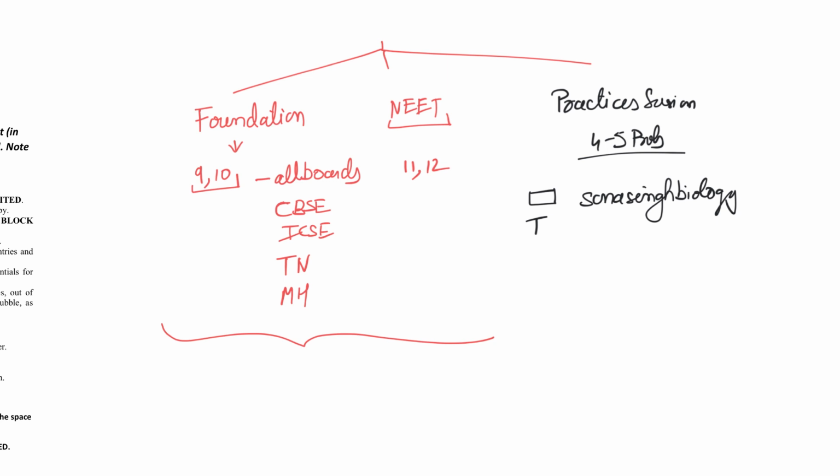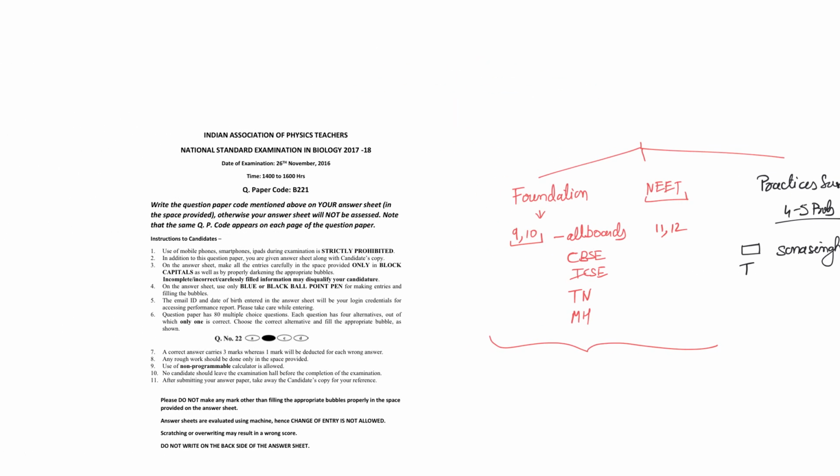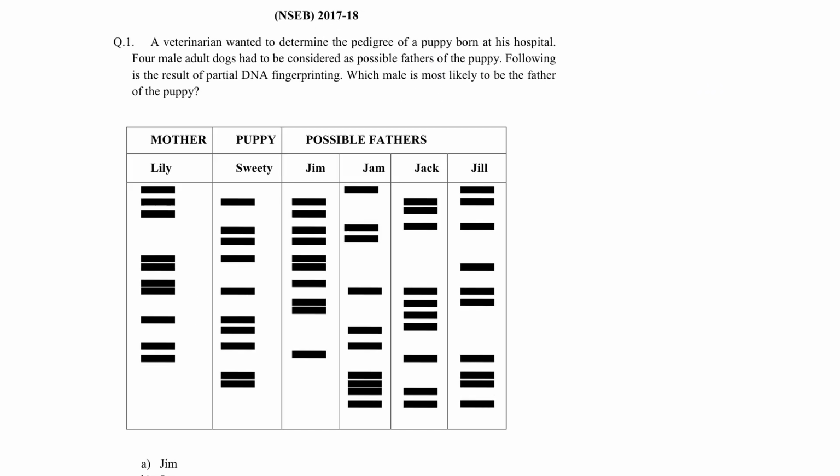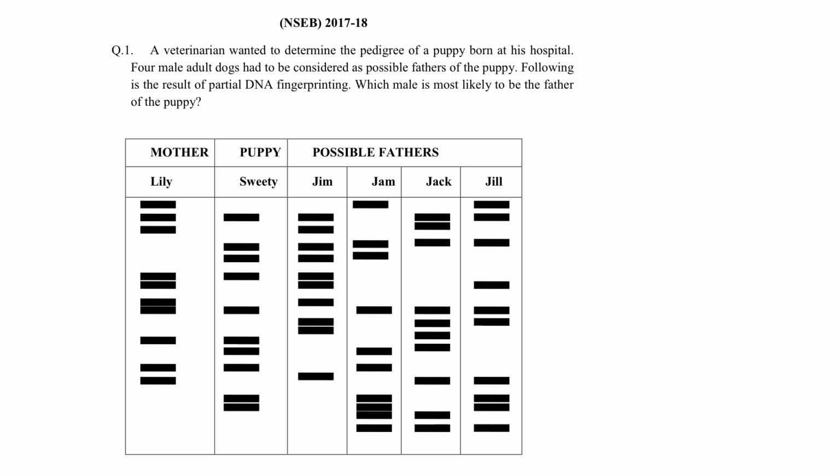Now let's get started. We are starting with the paper of 1718, and this is the IOQB or NSEB paper. So let's get started without wasting any more time. First question, it's pretty simple. A veterinarian wanted to determine the pedigree of a puppy.